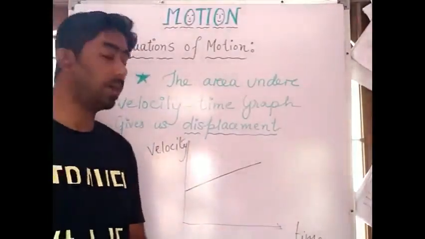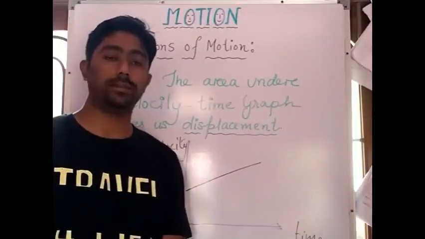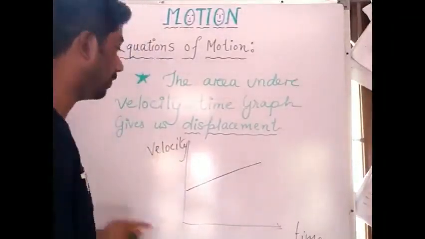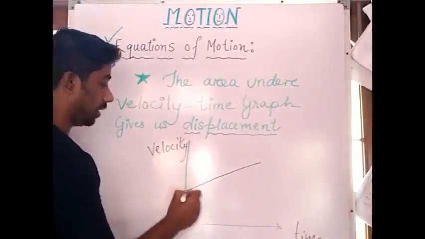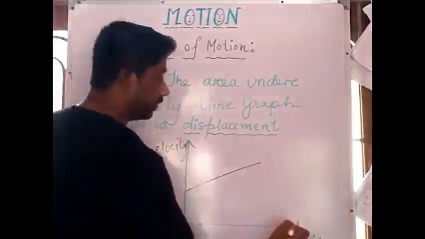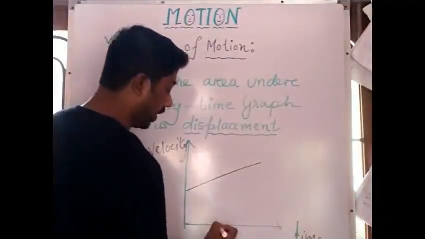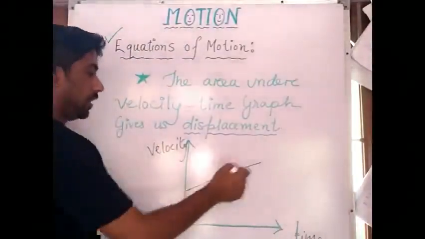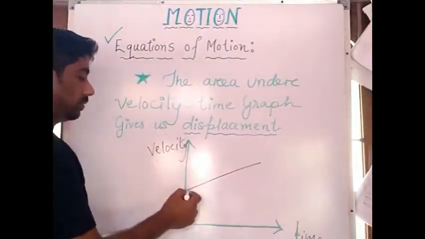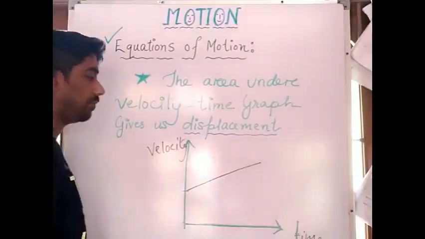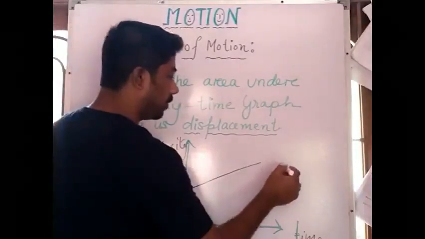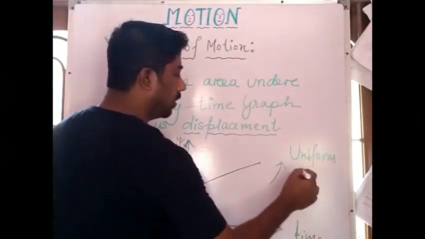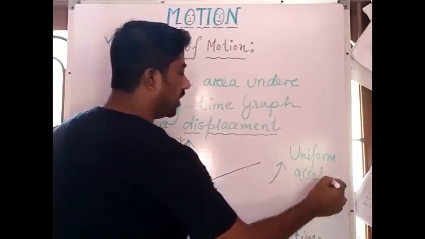But for that, what we need to know is this graph here, the velocity versus time graph. The graph is a straight line starting from here. Just by looking at this graph you can be sure that this graph is for uniform acceleration.